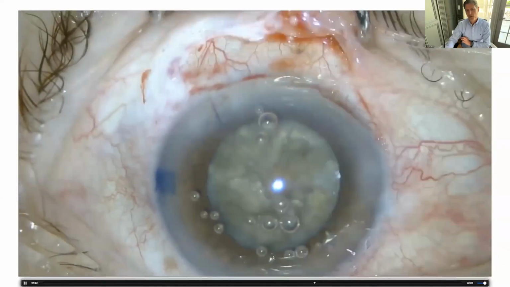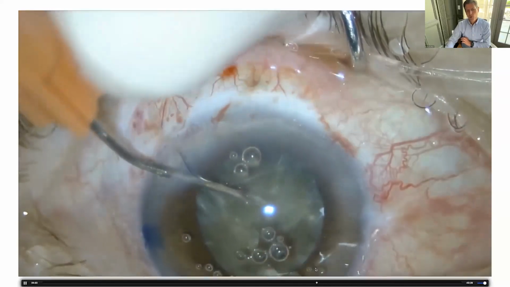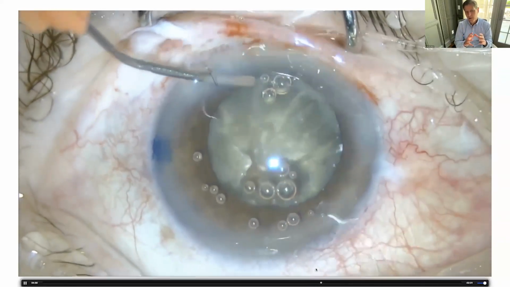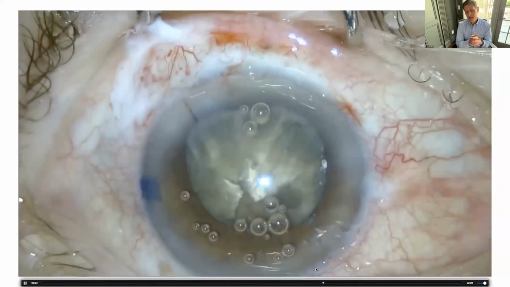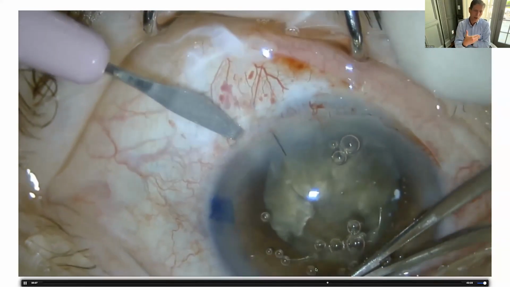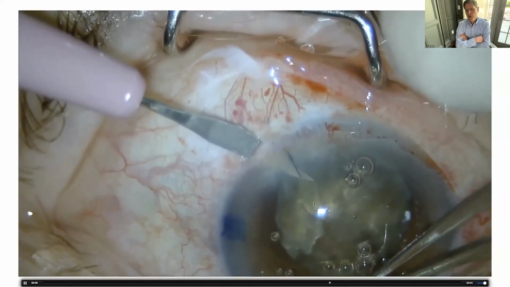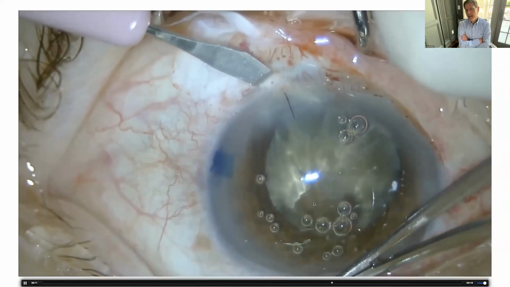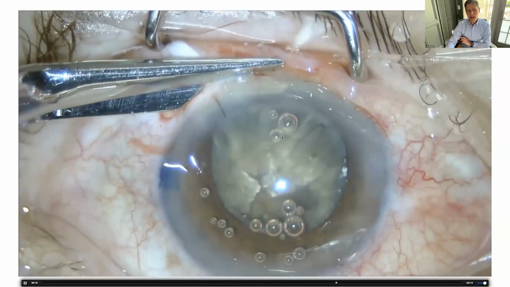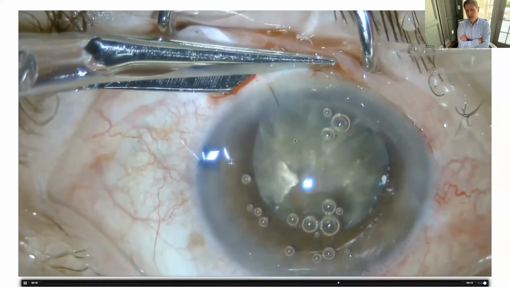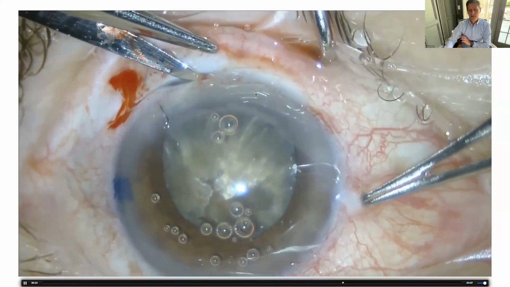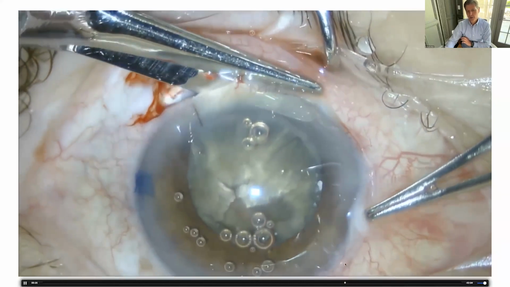So we do a superior peritomy, and then we basically luxate the nucleus into the AC, as I did, and then going right behind or posterior to our incision, we use the 15-degree blade to create an incision at the surgical limbus, and then we create a corneoscleral incision for us to convert to an extracap.